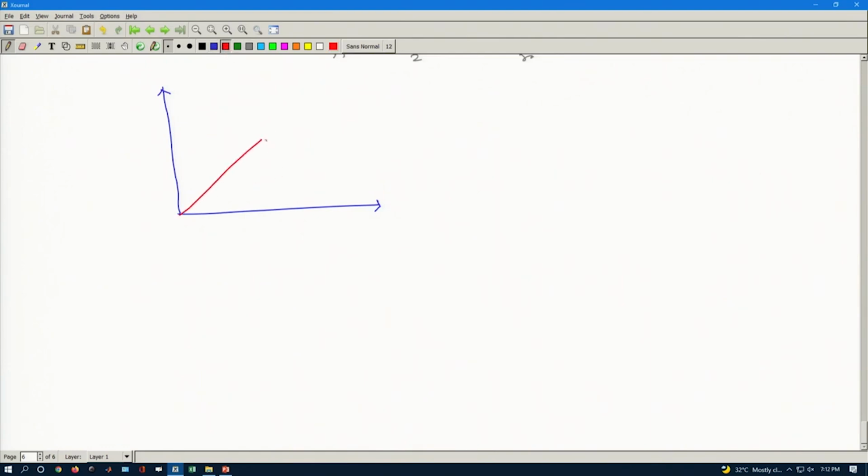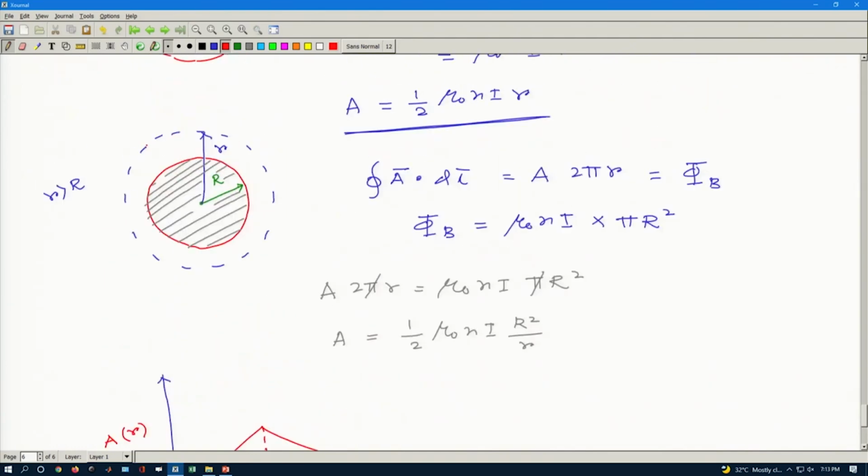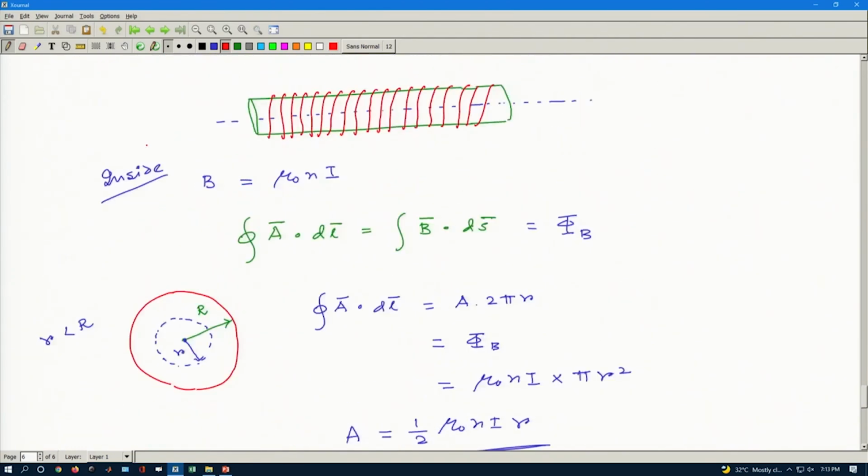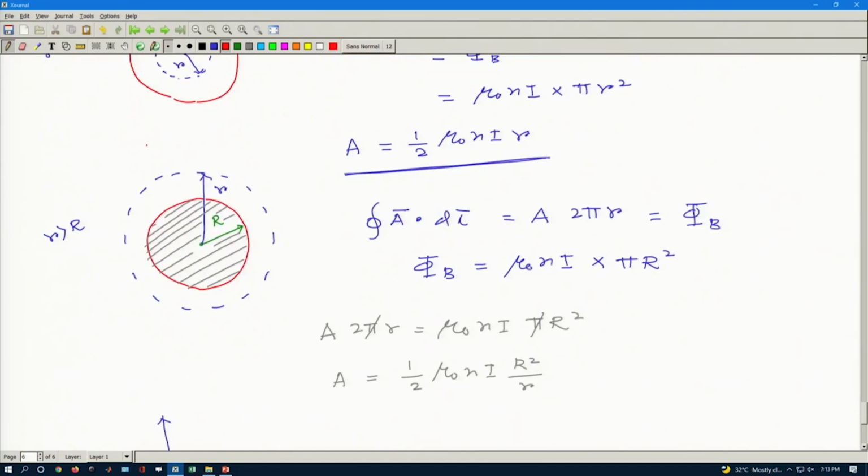It is linearly changing and then changing as 1 by r. This is when r equals the radius R, and I am plotting the magnetic vector potential as a function of r. This is the way the magnetic vector potential changes inside the solenoid.